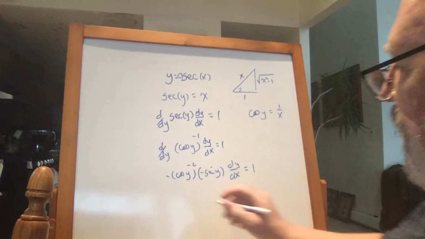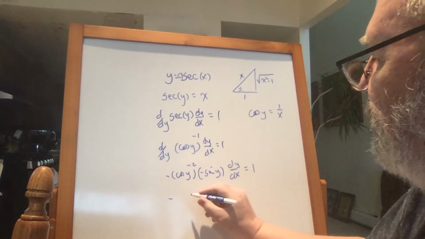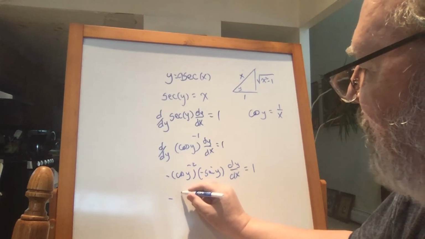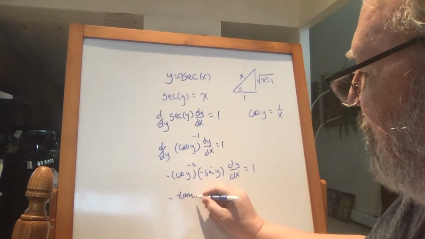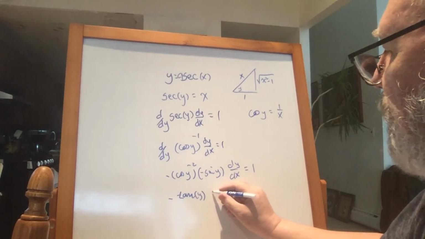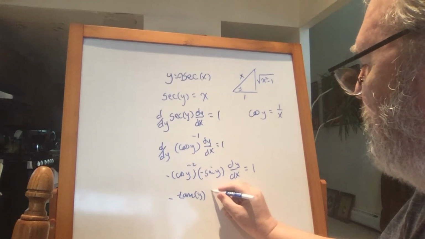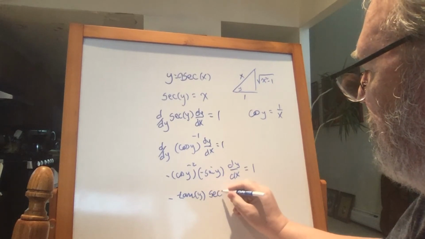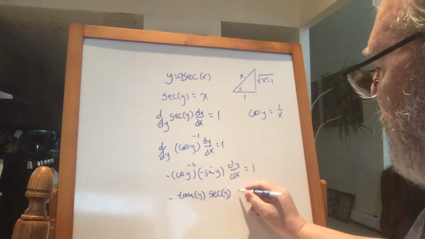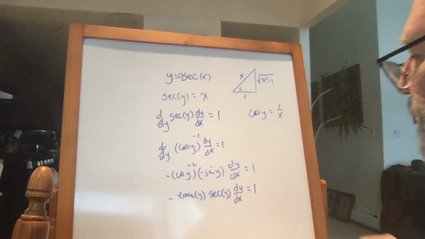And so we end up with tangent y times secant y, dy/dx equals 1.